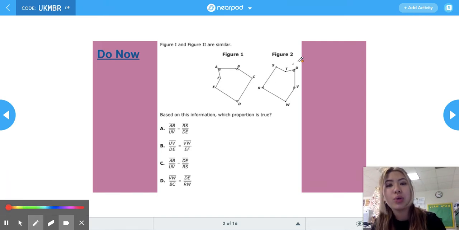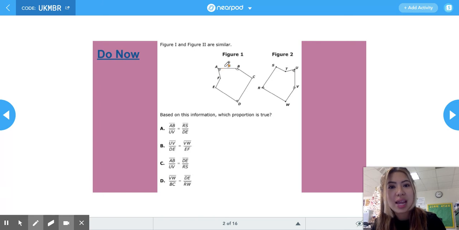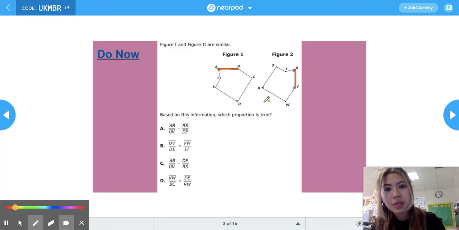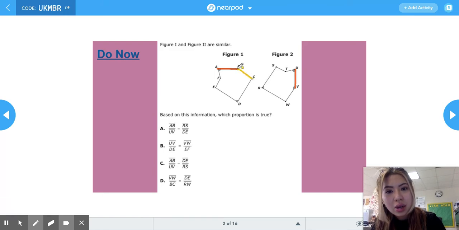So what I'm going to do first is mark the corresponding sides using different colors. Side AB corresponds to side UV. Side BC corresponds to VW.